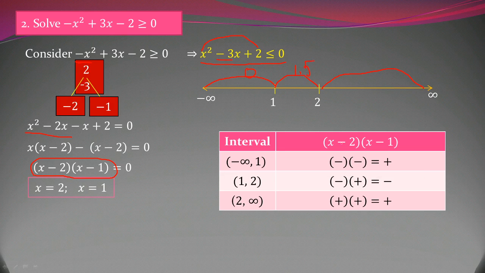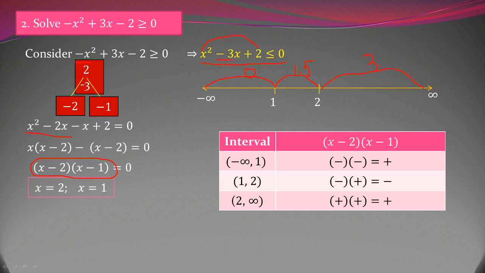If you take 1.5, 1.5 minus 2 will be minus 0.5, so minus, and then 1.5 minus 1 is plus 0.5, so plus. So minus into plus will become negative. And in this interval we'll take 3. So 3 minus 2 is 1, so positive. 3 minus 1 is 2, positive. So plus into plus will give you positive.